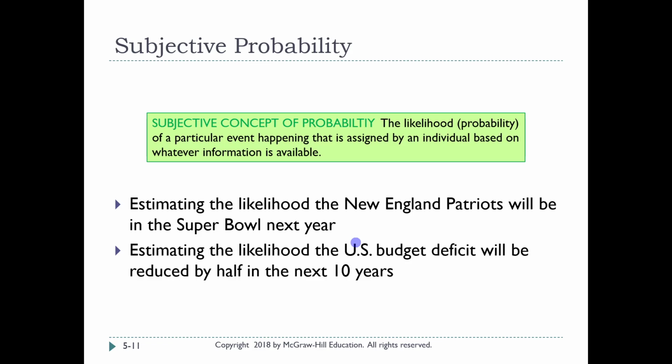We do have years of U.S. budget deficits, but the uniqueness of every year makes it tough to rely solely on the past data. That doesn't mean we don't take that into account, but we often adjust from there.